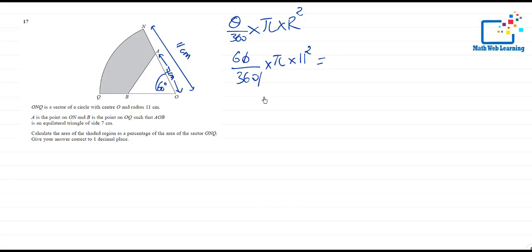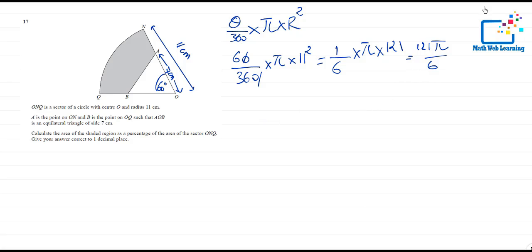Let's do some cancelling down here. We've got 6 divided by 36, which is 1 over 6, and times pi and times 121. So let me just rewrite it slightly in a nice way. What I mean is just bring the 121 in front of the pi over 6. I'm going to leave it like this as an exact value. I'll do the calculation later.